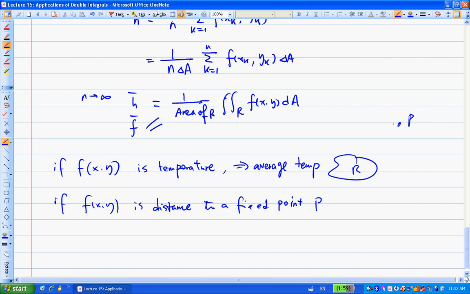When you calculate this using this double integral formula, what you're going to get is the average distance to P. So this 1 over area of R times the integral of f dA is basically the average distance to that point P.